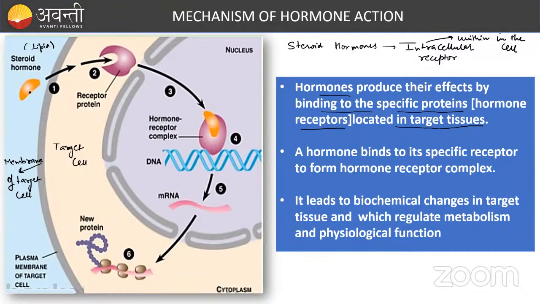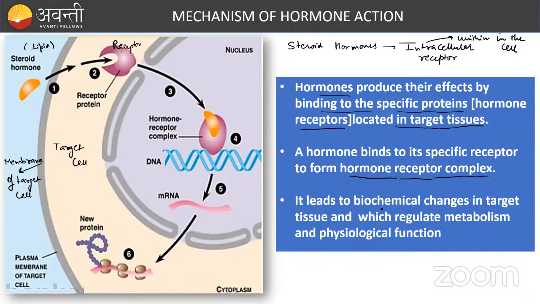So for the steroid hormone, the receptor is present within the cell. This is the receptor. The hormone binds to a specific receptor to form a hormone receptor complex. Once the hormone binds with the receptor, they form a complex, known as a hormone receptor complex.